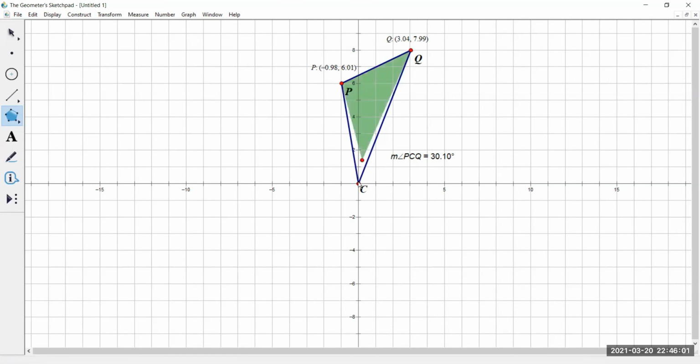Just going to create a triangle simulating this so we can find the area. Here's the area, 13.05, roughly 13, just like what we got. The area is indeed 13.